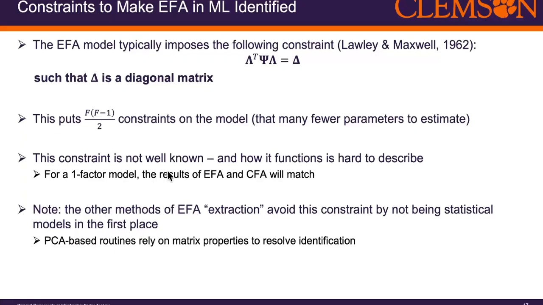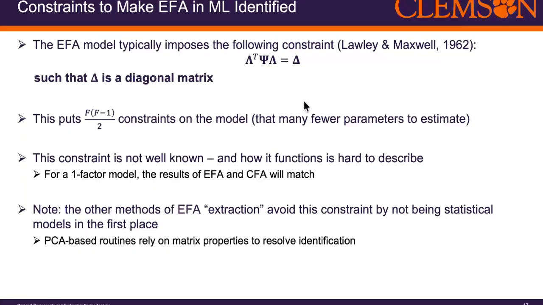And this constraint is not well known, and how it functions is very hard to describe. Well, it turns out in confirmatory factor analysis, we also put constraints on our data. We basically say when we don't estimate a factor loading for an item, that item doesn't measure that specific factor, but that is a constraint that is equivalent, a model identifying constraint as well.